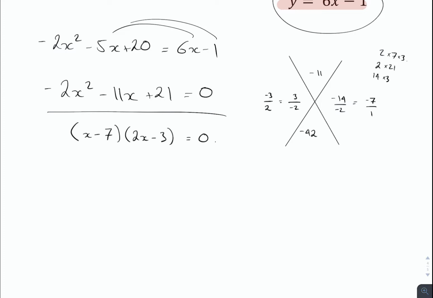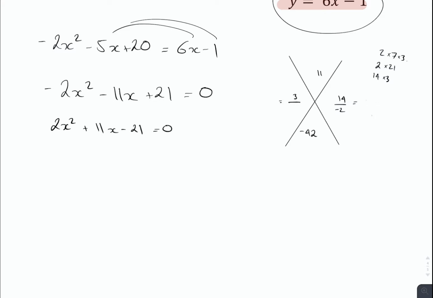Looks like, you know what, let me rewrite this. Let me just kind of rid this negative and write it like this. So two numbers, they add to give me +11, multiply to give me -42. The numbers will be 14 and -3.